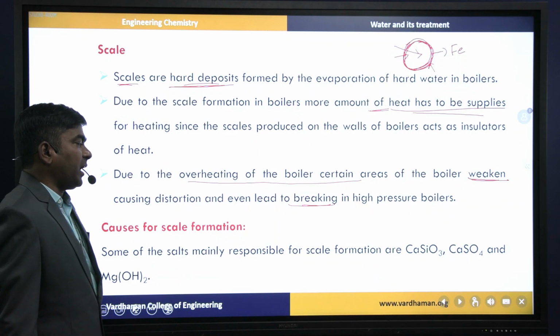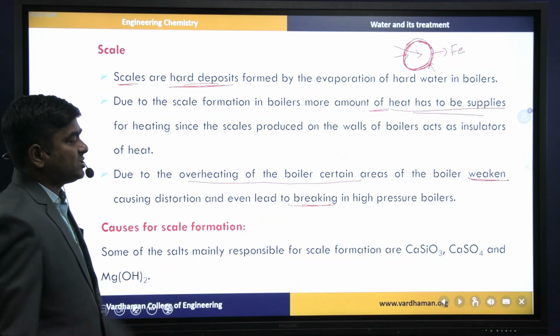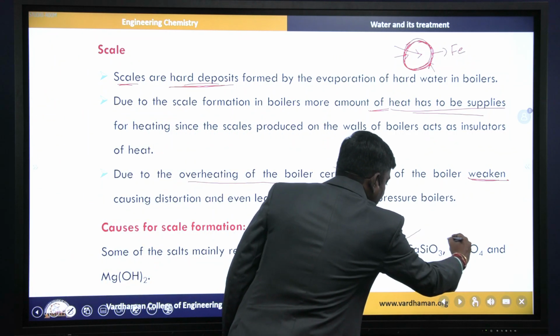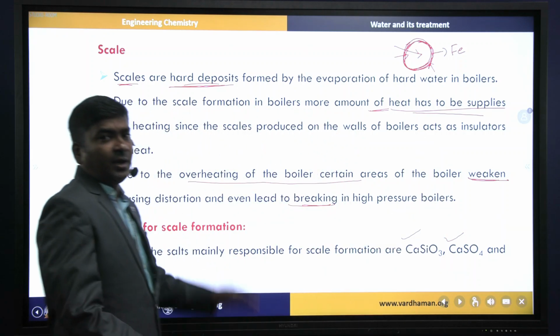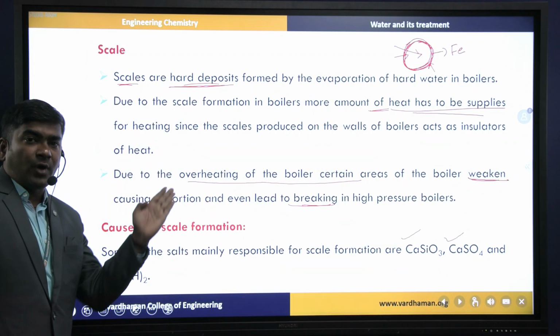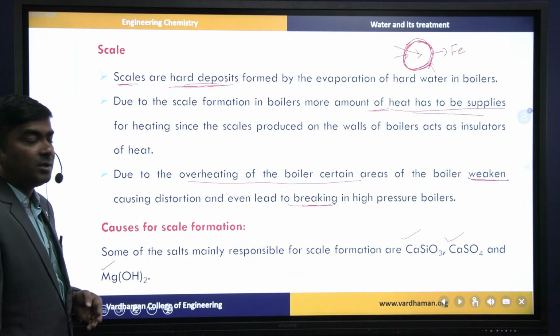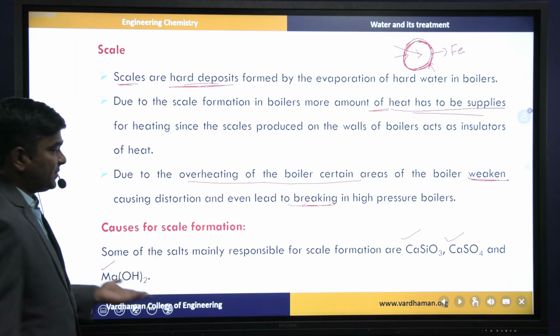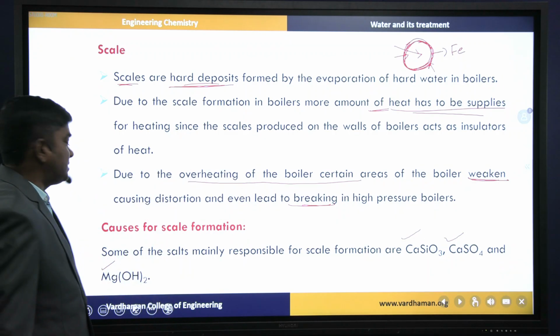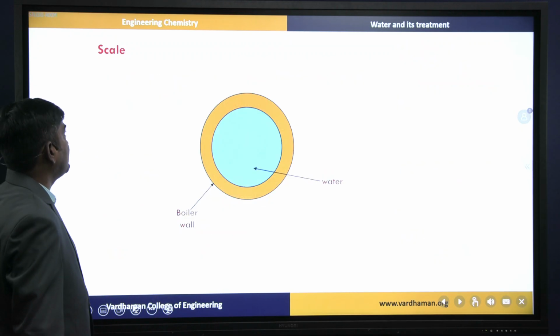Some of the salts mainly responsible for scale formation are calcium based salts: calcium silicates, calcium sulfates, and magnesium hydroxide. So in sludge formation, the major ones responsible are magnesium based salts. In scale formation, the major ones responsible are calcium based salts and also magnesium hydroxide.